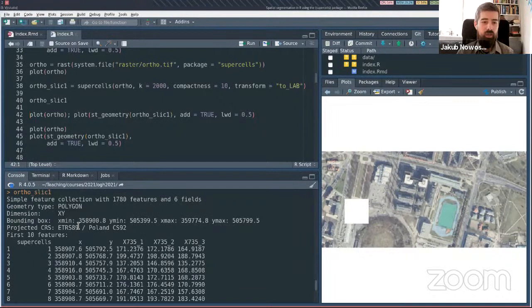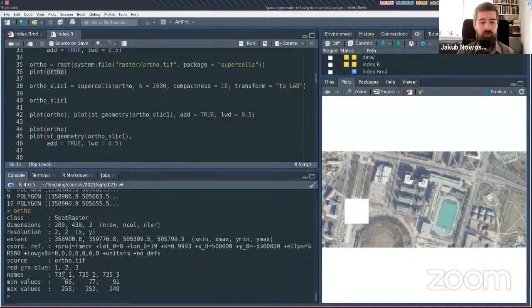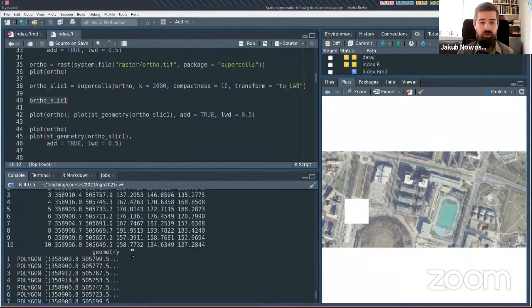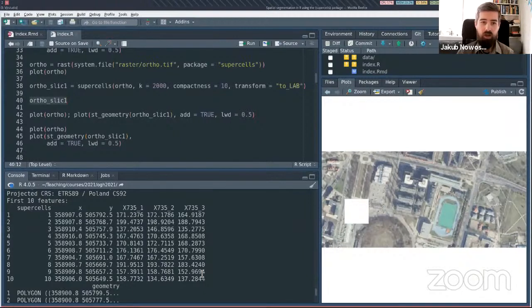In this case, we still have polygons from the SF package, but we not only have IDs and coordinates of the centroids, we have averages of every variable. Because in terms of our satellite data, we have 3 variables. Those variables represent red, green, and blue bands. That's why we also have average values for 3 bands in our output object.